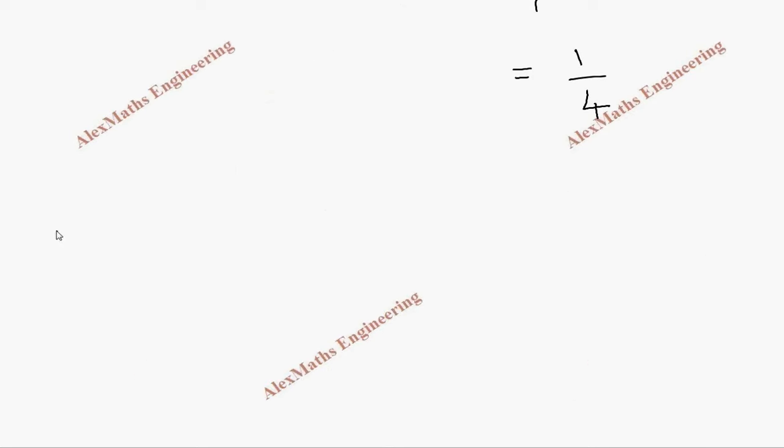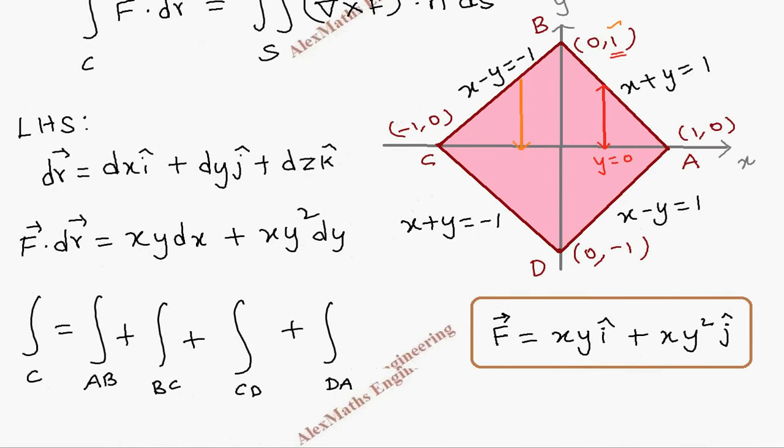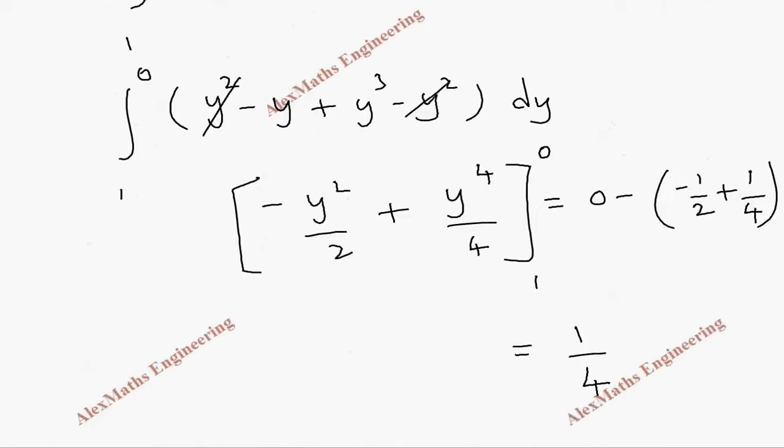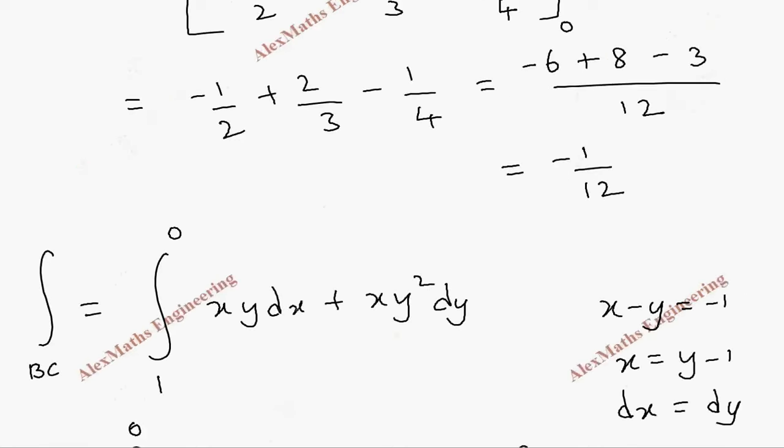Now coming to the third part, integral CD. So from this diagram, we can see CD, and the limit from C to D varies from 0 to minus 1. So it starts from 0 and ends at minus 1. So we take this limit as 0 to minus 1, xy dx plus xy square dy, and we have to change everything in terms of y.